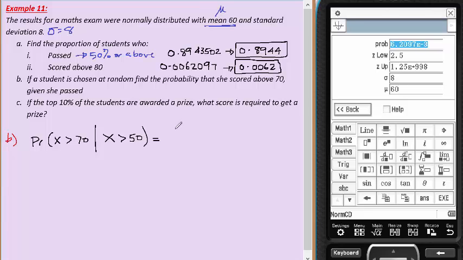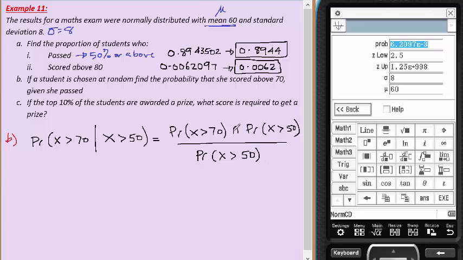Which means the top line should be the probability that the score is above 70 and the score is above 50 over the probability that the score is above 50. Now, if my score is above 70, it will be above 50. So ultimately, we can ignore this part. And my actual answer will be the probability that my score is above 70 over the probability that the score is above 50.